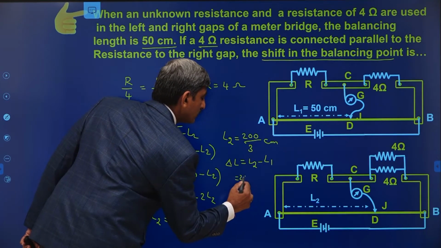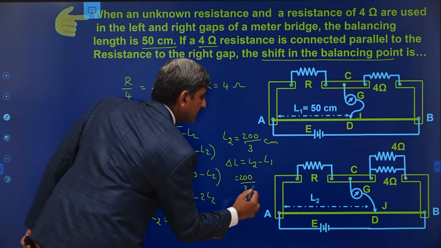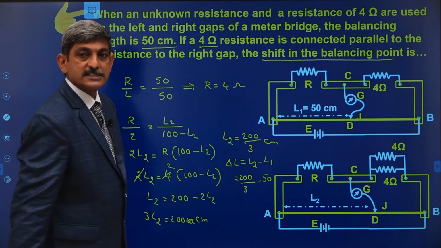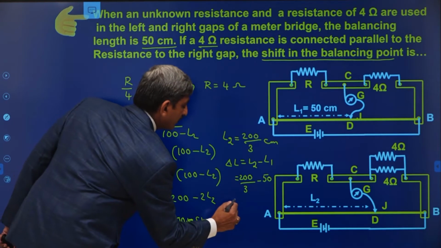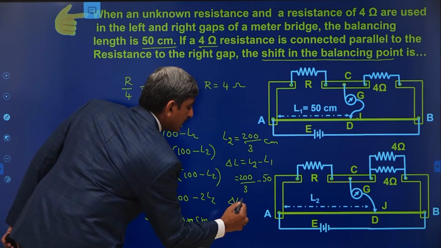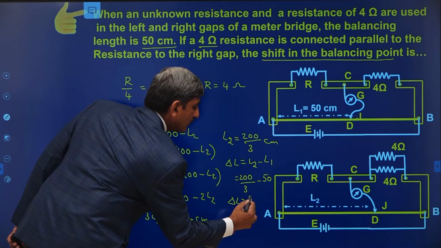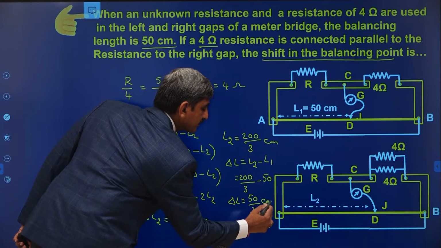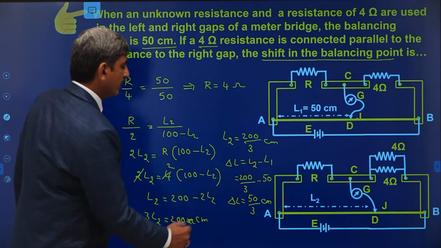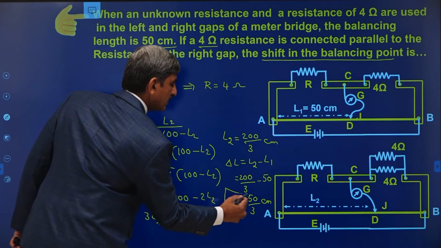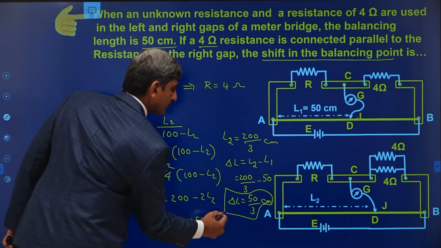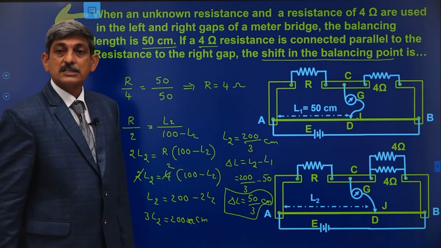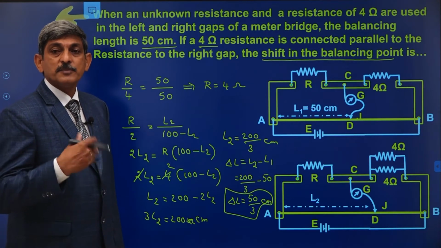This is equal to 200 by 3 minus 50. By taking LCM and simplifying, we get delta L is equal to 50 by 3 centimeters. Okay? This is about the calculation of the shift in the balancing point.